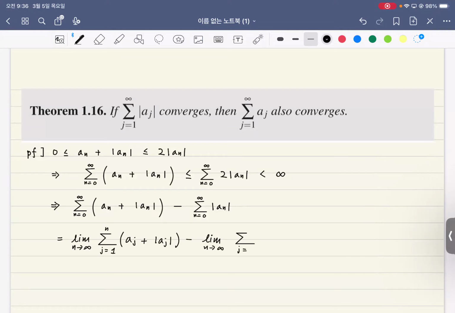Sorry, this starting index should be 0. Well, anyway, I messed up.